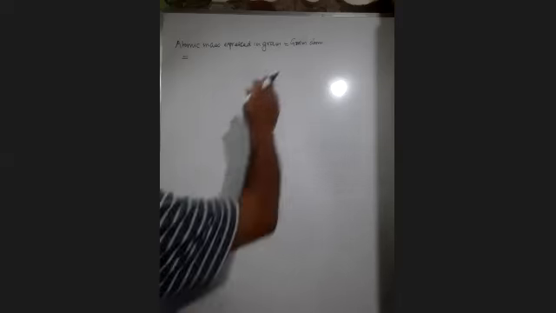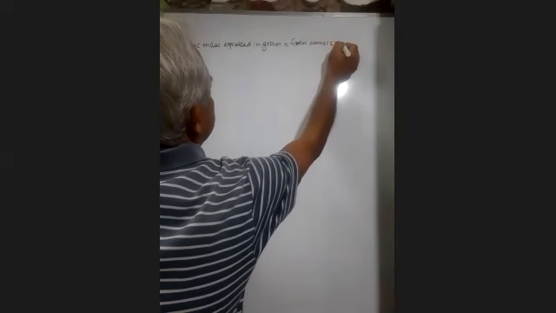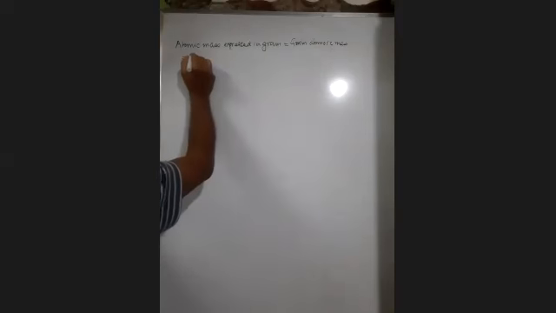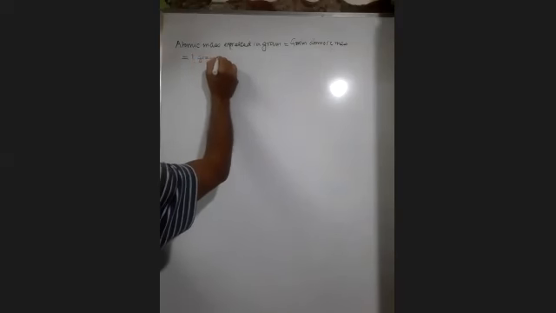Now, atomic mass can be expressed in AMU also, but when you express it in gram, because AMU is a very small quantity, so with this we cannot take the weight. So when we express it in gram, we call it gram atomic mass. Gram atomic mass is equal to 1 gram atom.